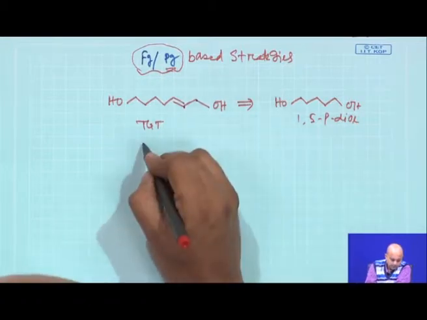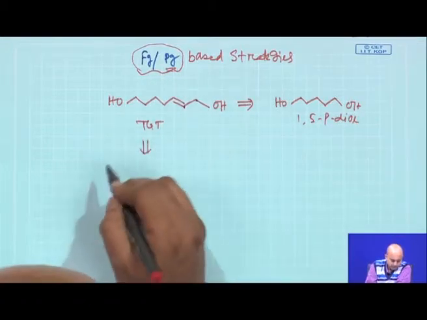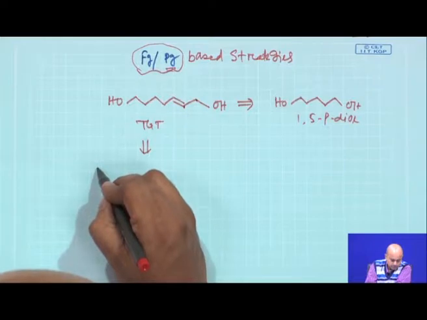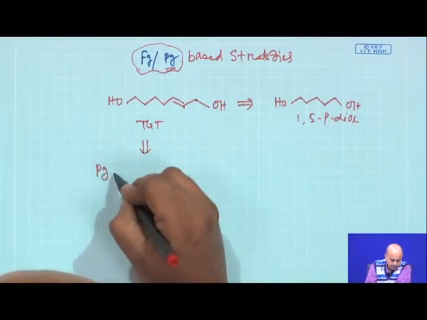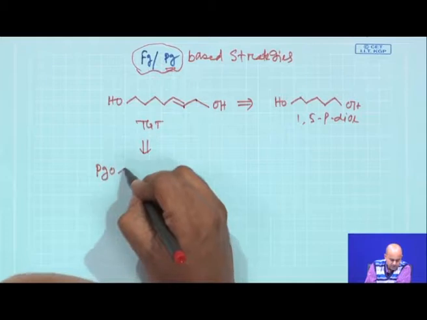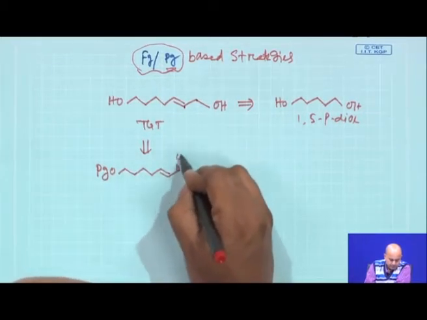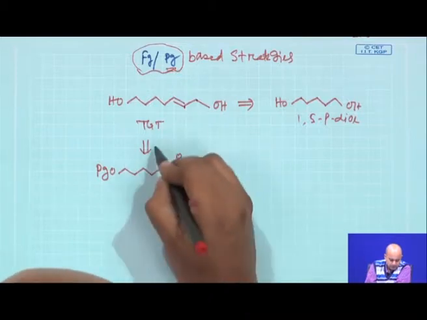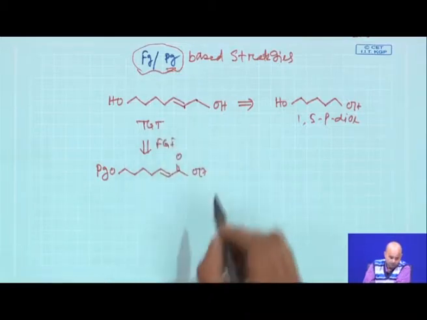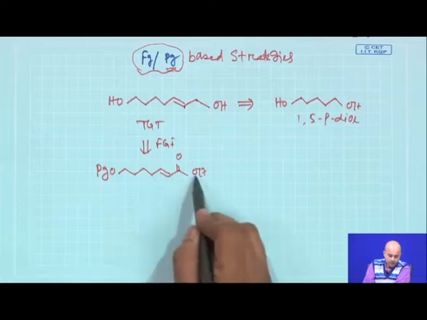In reality, this was done by putting a PG here to be on the safe side, so that you can do a simple FGI through a functional group reduction.